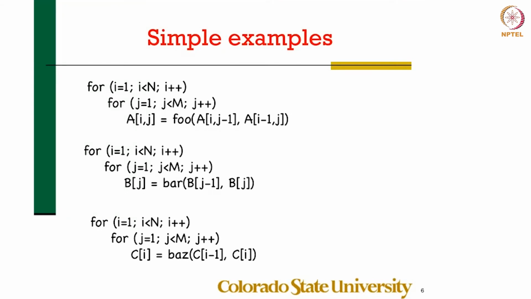So the answer to my question, which iteration wrote the value that is being read by the reference a[i][j-1] at iteration ij, is: if j is greater than 1, then i, j minus 1. Otherwise, what? I might be wrong, but is it i minus 1, j plus 1?